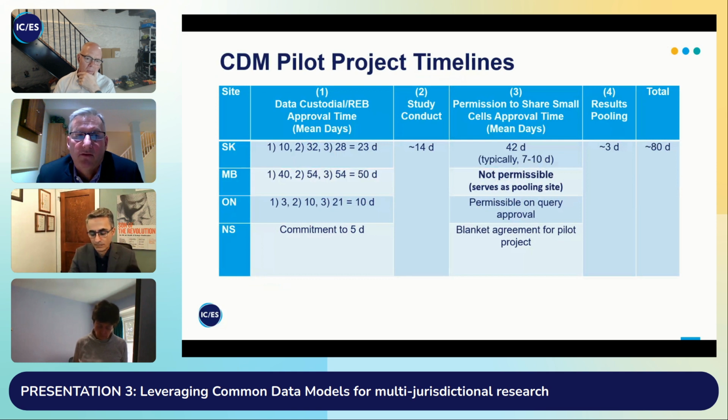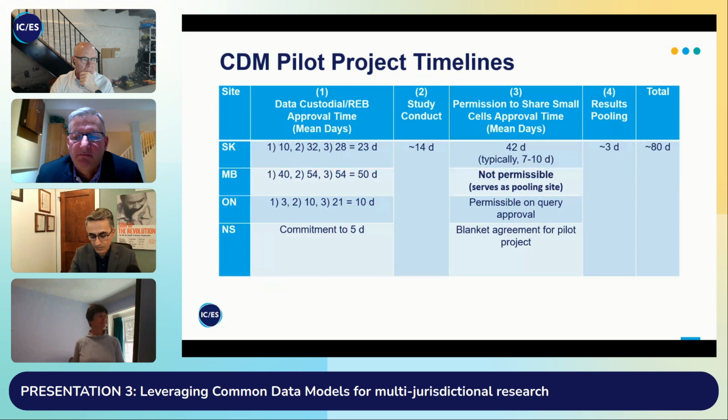The time for obtaining approval for that varied from province to province. In Saskatchewan, that was our longest approval time during the pilot, which was 42 days on average. We've been able to bring that down considerably with experience to 1 to 2 weeks.